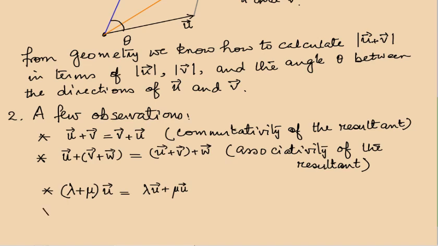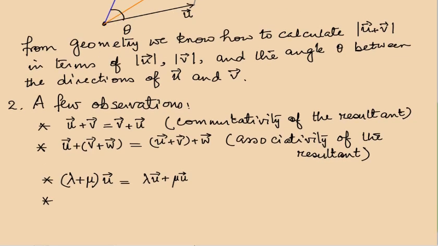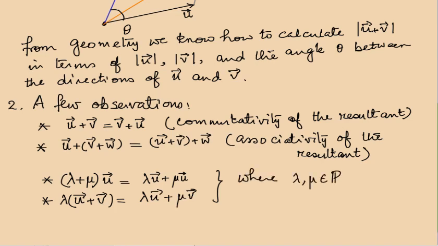And similarly, the scale, if you have this, a lambda times the resultant of u and v must be this also. Well, over here, lambda and mu are just real numbers. Well, I have said real numbers, yes.